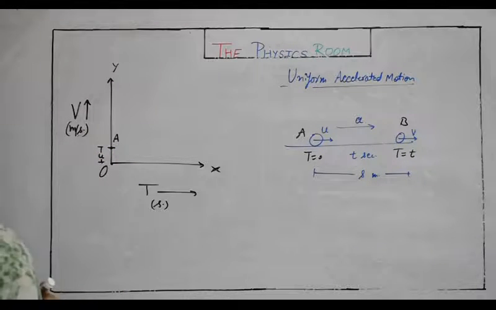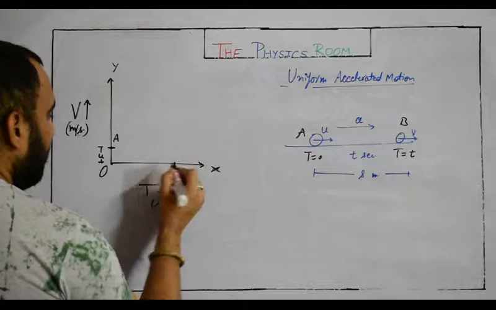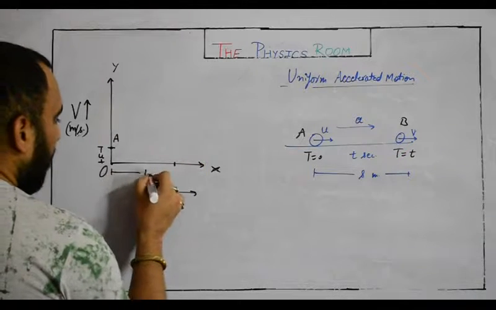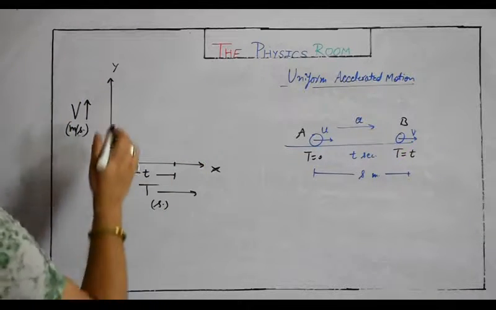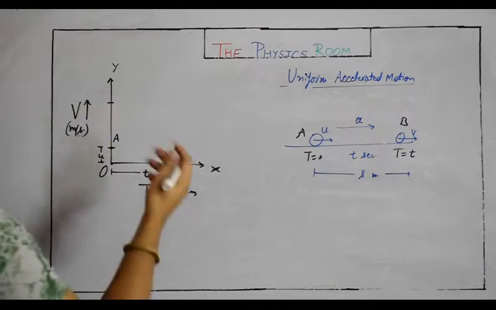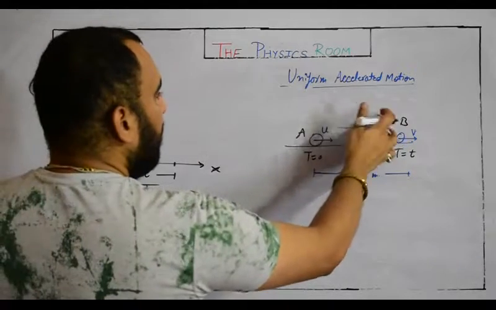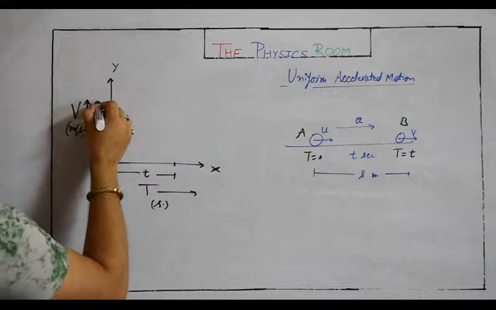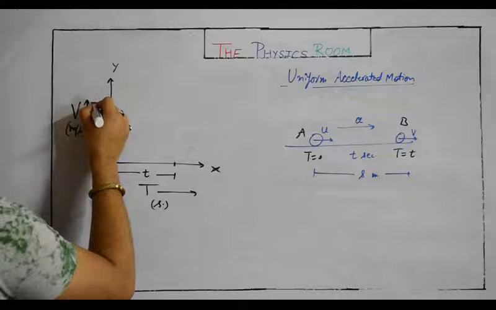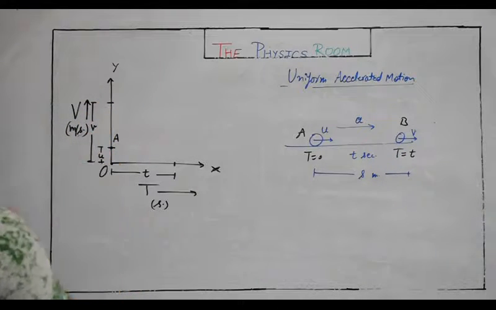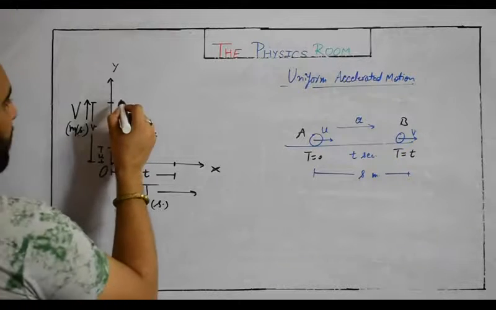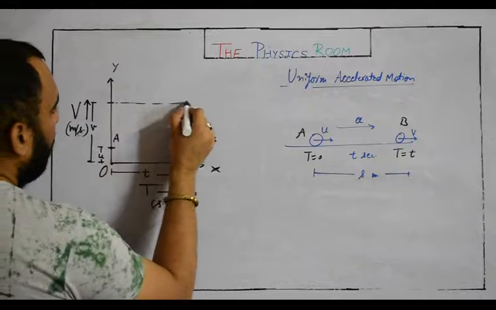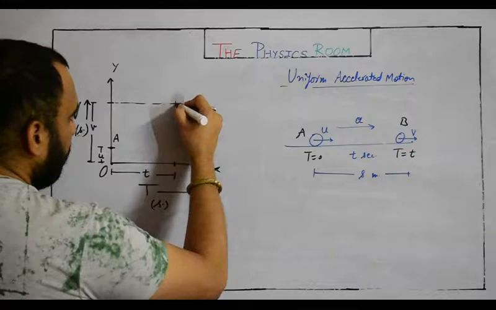Now in t seconds, meaning 0 to t, this whole time, its velocity becomes v, which is actually greater than u because we have positive acceleration. So its velocity becomes v, meaning up to this it is small v. For this, we can draw the intersection point.